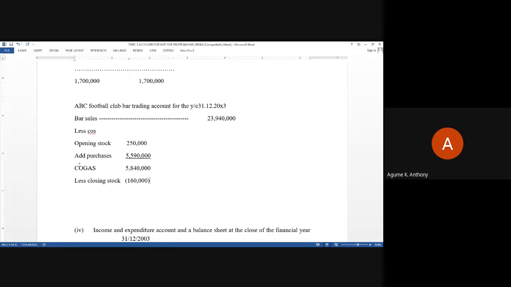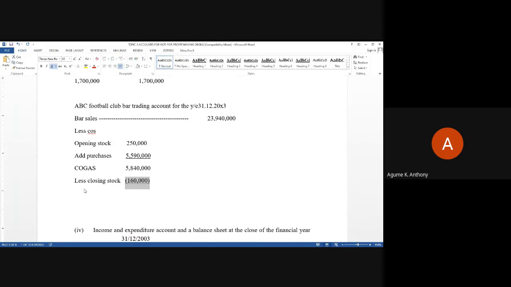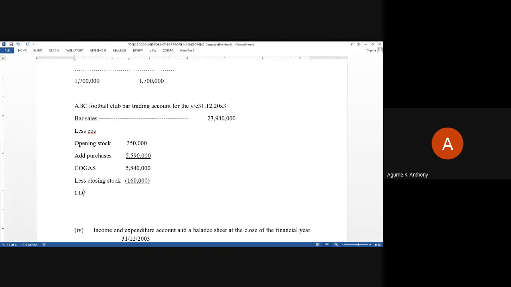Then your cost of sales, which will align with the sales figure. The cost of sales is 5,680,000.